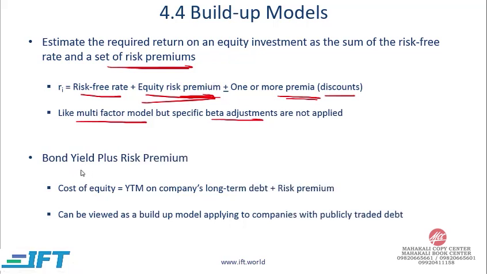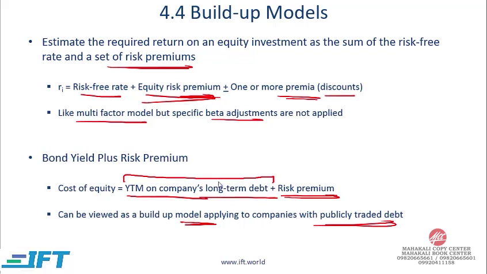A classic example is one that you have also seen at Level 1, where we come up with the cost of equity by taking the YTM on a given company's long-term debt and then adding a risk premium to the long-term debt. This can be viewed as a build-up model applying to companies with publicly traded debt, because this number is coming based on publicly traded debt.